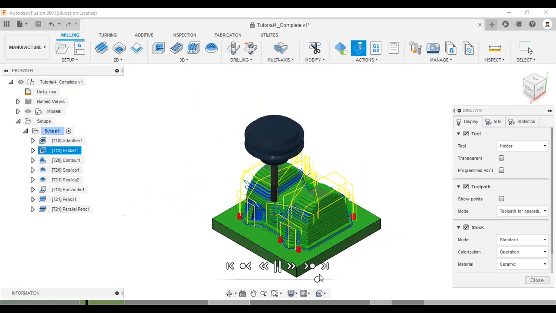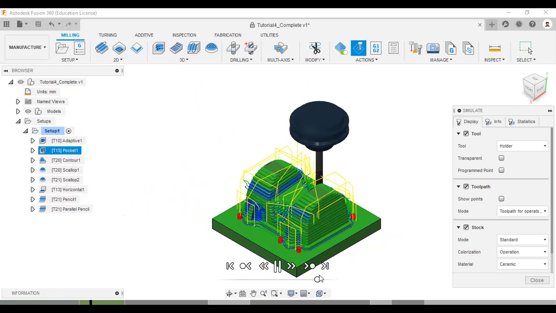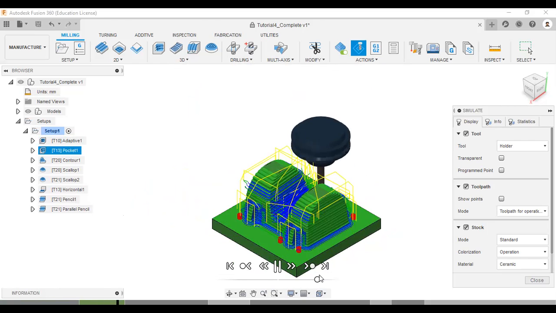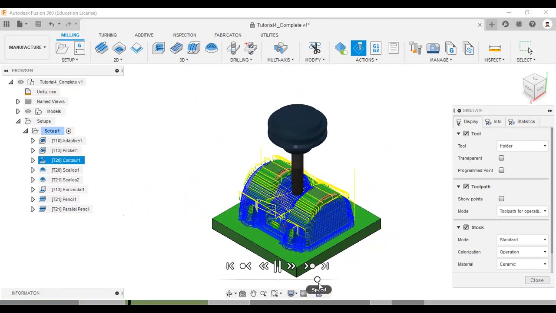Then the pocket strategy. Then the contour strategy.